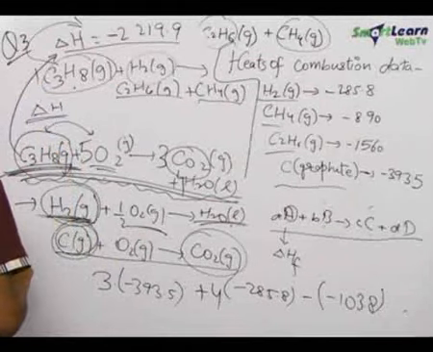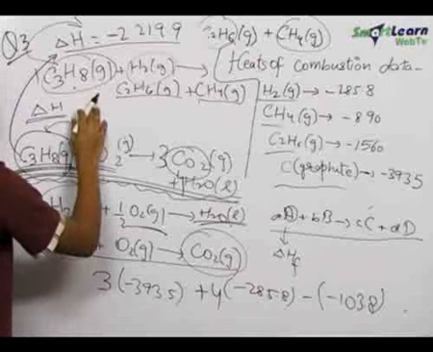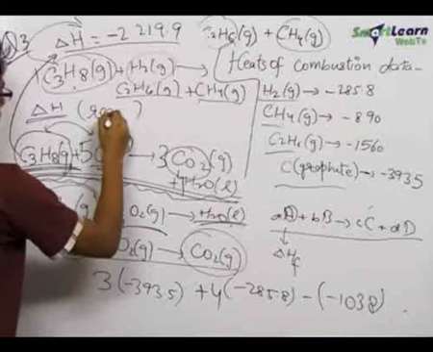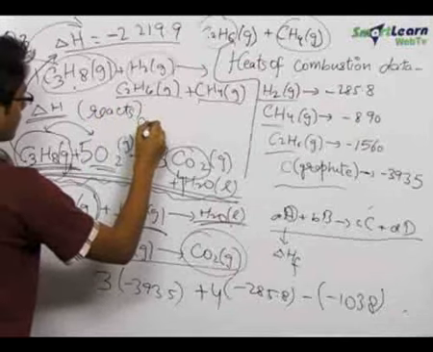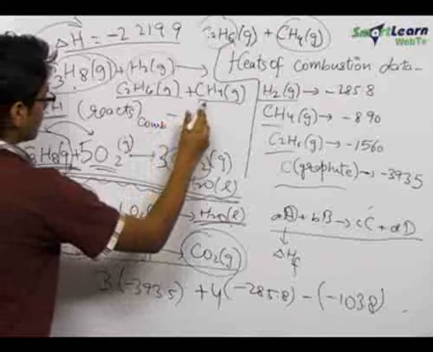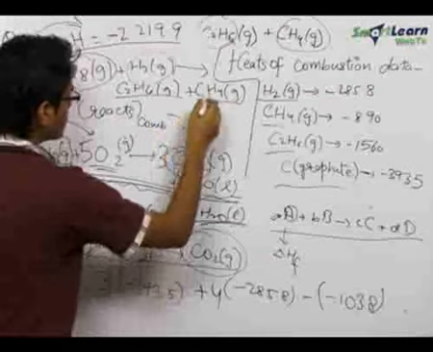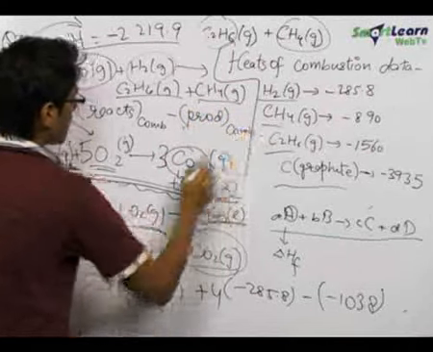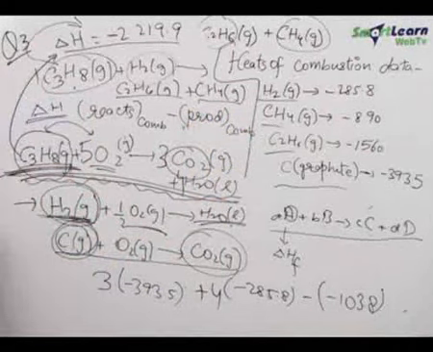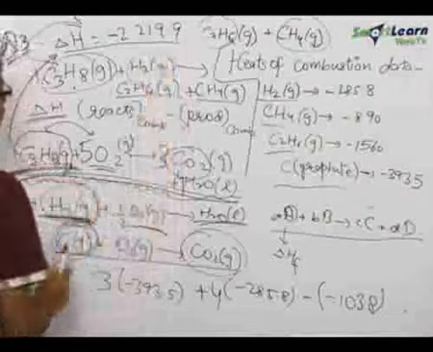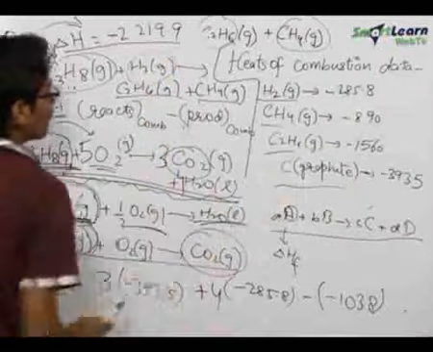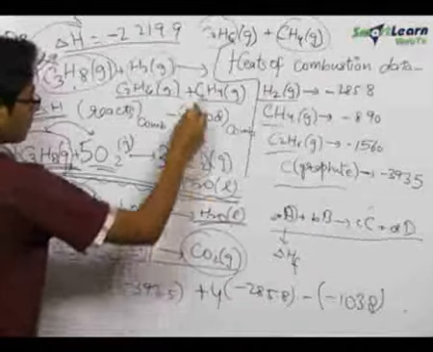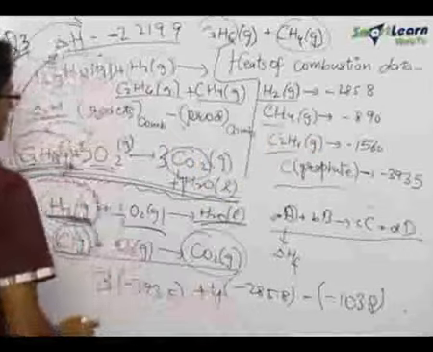The delta H, or the enthalpy of this reaction, is just the sum of the heats of combustion of the reactants C3H8 and hydrogen, minus the heats of combustion of the products, which are C2H6 plus CH4. Hence the final answer is minus 2219.9 minus 285.8 minus minus 1560 minus 890.